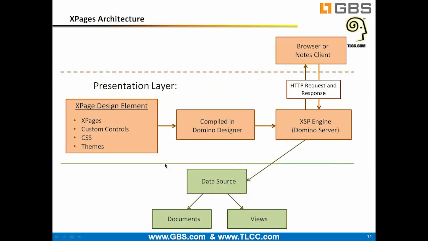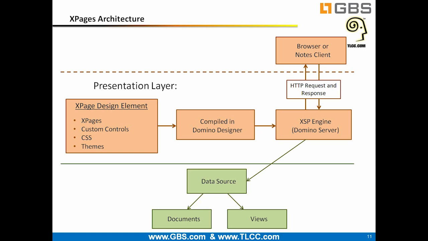Now with XPages, it's a different approach, one that people who are used to developing in other languages like Java or even web development are probably a little more accustomed to. That's the idea that we have a presentation layer that's separated from our data. So our clients, either our browser or Notes client, go through our Domino server and access our XPages.